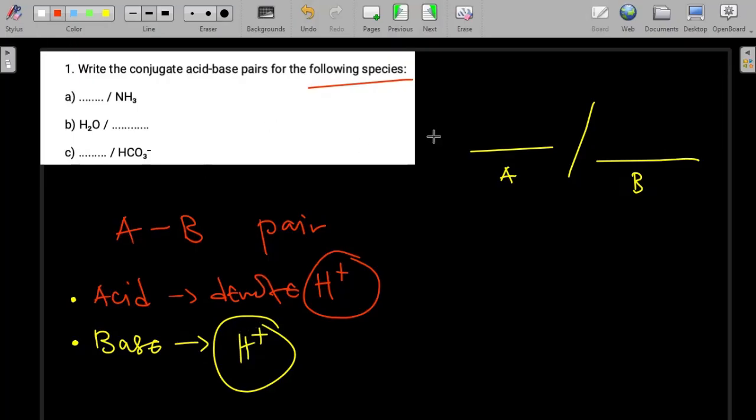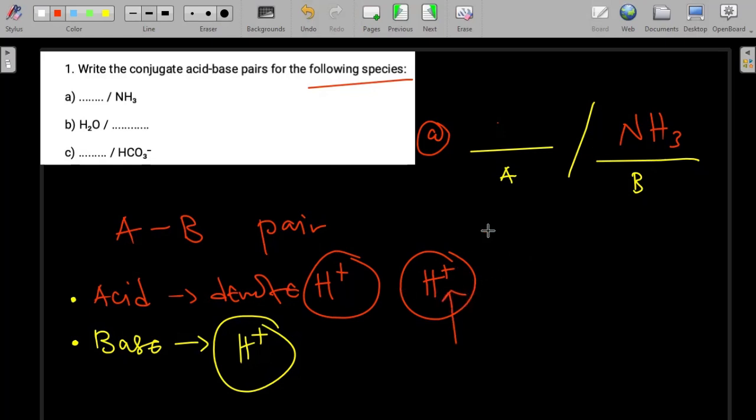So the first one, if we say A has NH3. These 2 things should differ by a proton, which is H plus. Whatever is here and here should give me a difference of H plus.